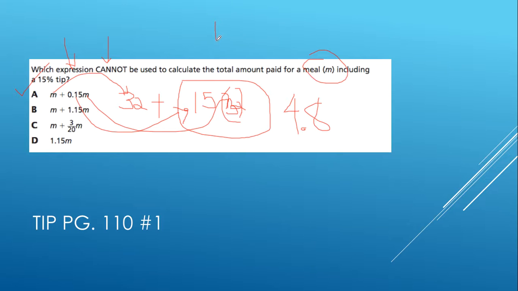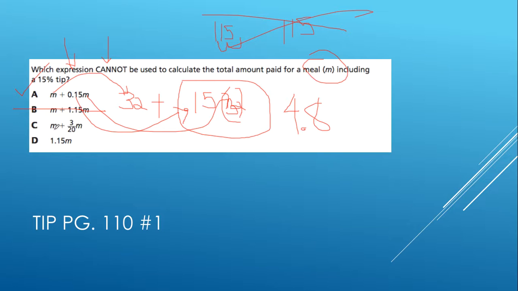If we moved our decimal like we learned yesterday, 1.15, if we move our decimal back the other way 2 places, that would be 115% times our meal. Do we want to give a tip that's 115%? No way. Even if they were excellent, nobody hardly ever is going to do that. So that one does not work. So B is not. Okay.